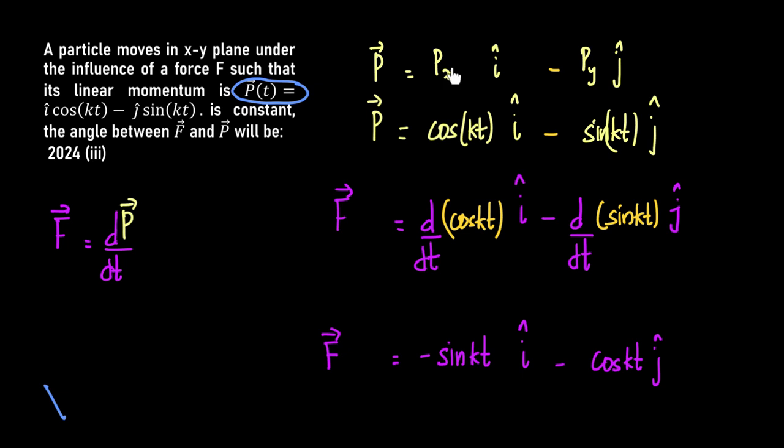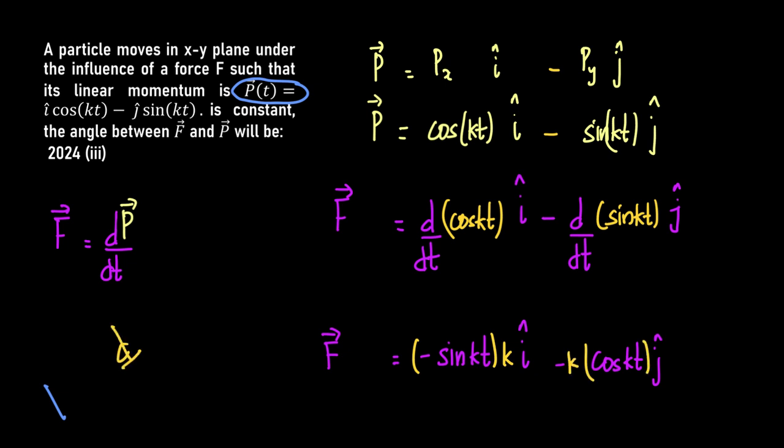The x component is cos kt, the y component is sin kt. d by dt of cos kt is minus sin kt. d by dt of sin kt is cos kt. Of course, I'm missing something here, which is that this would be multiplied by k. This also would be multiplied by k.